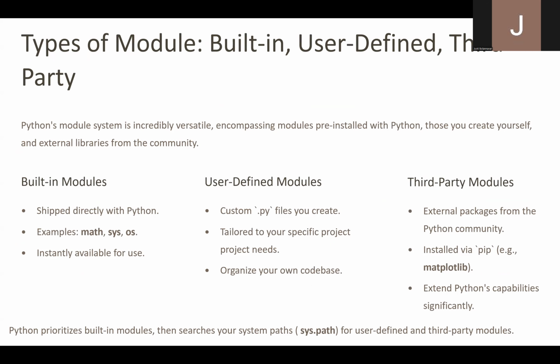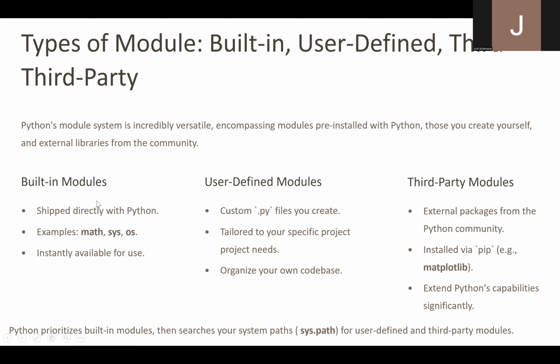Next, we'll go for the different types of modules which are available in Python. First one is built-in, second one is user-defined, third one is third party. Let's start with the definition of what exactly these three types are. The Python module system is versatile, encompassing modules pre-installed with Python, or ones we can create ourselves, or external libraries from the community.